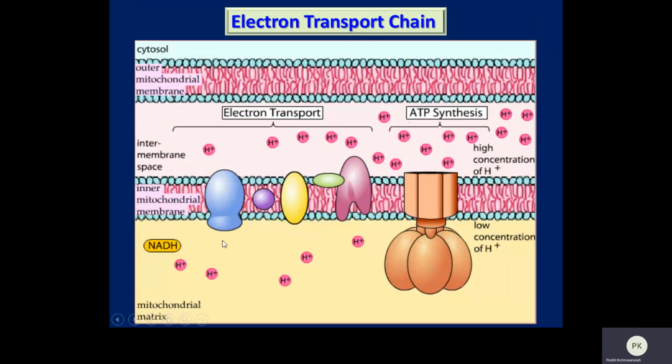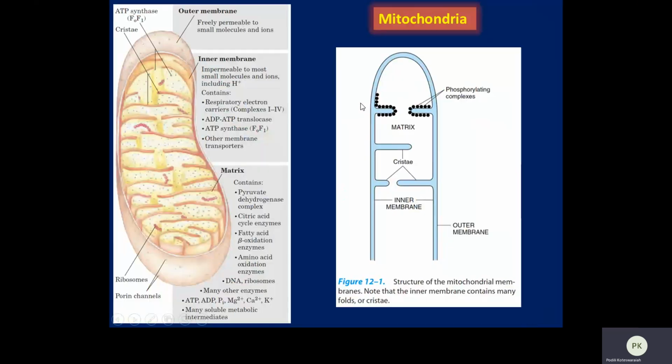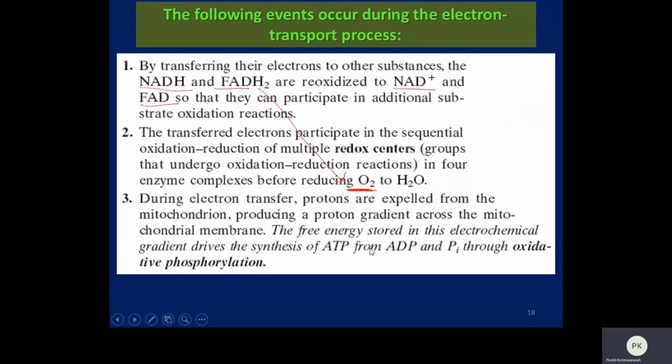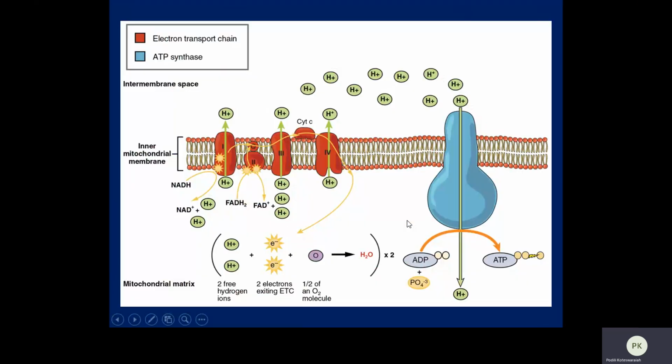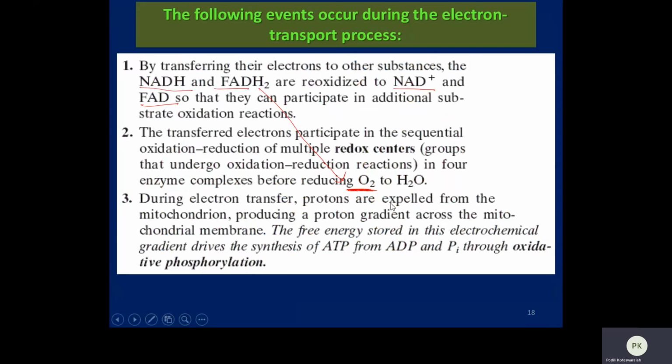This proton gradient is very essential for synthesizing ATP, because when these protons move back to the matrix through another complex called ATP synthase, ADP is converted into ATP. So these are the three important events that take place in the electron transport chain.